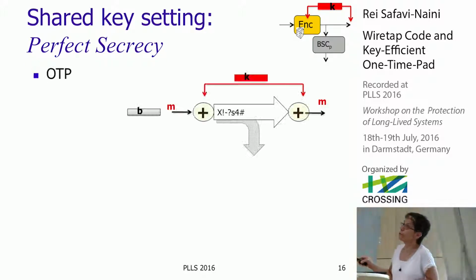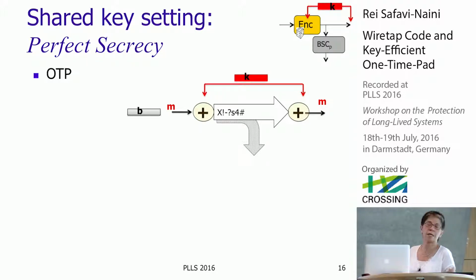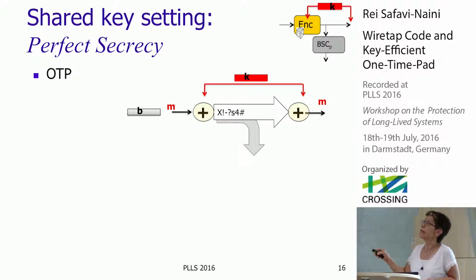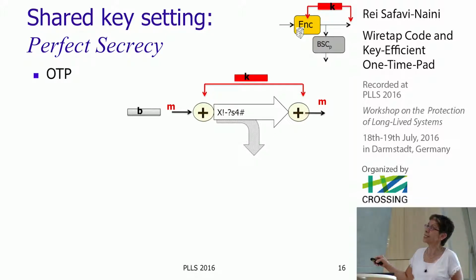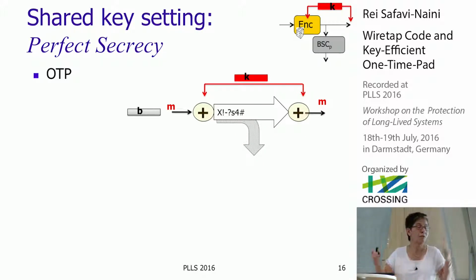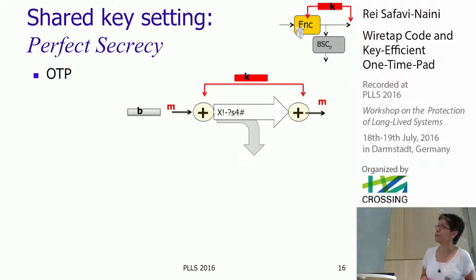If we use a one-time pad, of course we can share a key of the same length as the message, construct the ciphertext, and send it, and the adversary who sees an even noisier view of this won't be able to understand anything.